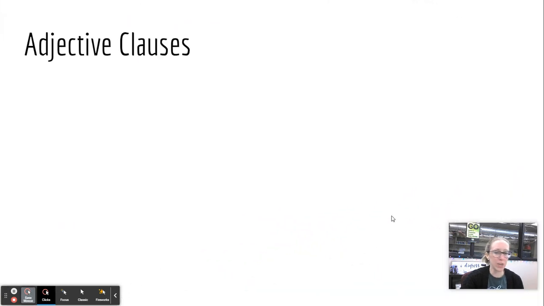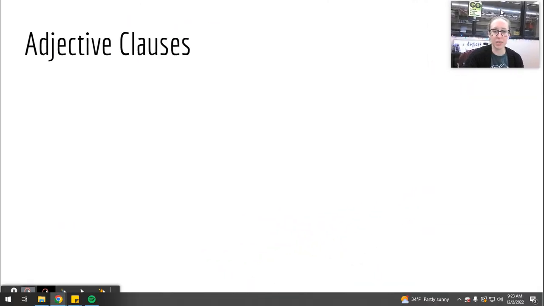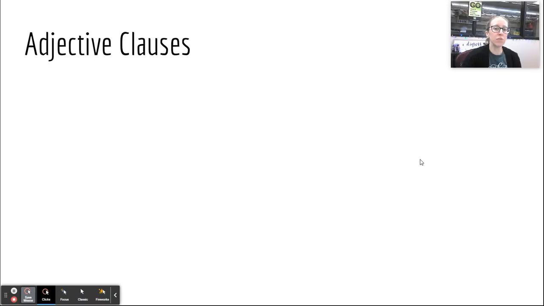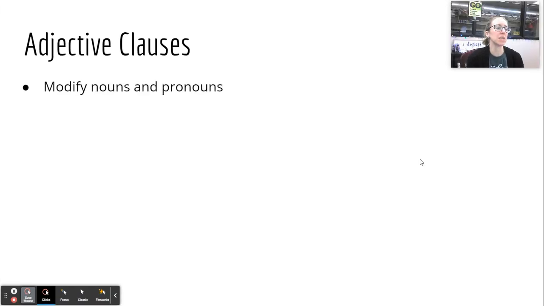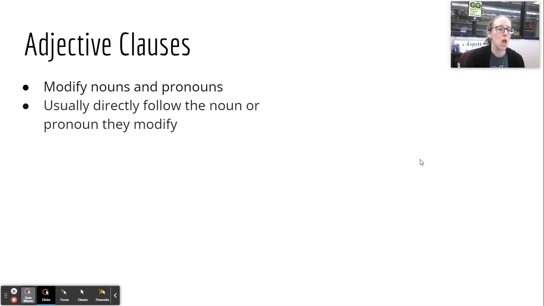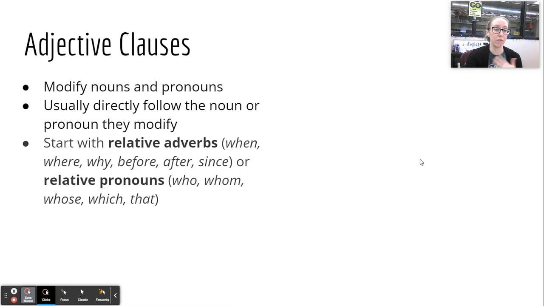Now we're going to talk about adjective clauses. Adjective clauses modify nouns and pronouns, just like typical adjectives do. When you have a whole clause that's modifying a noun or pronoun, the whole clause can be functioning as an adjective. They usually directly follow the noun or pronoun they modify, so they are pretty easy to spot because they come right after the word that they are giving more information about.